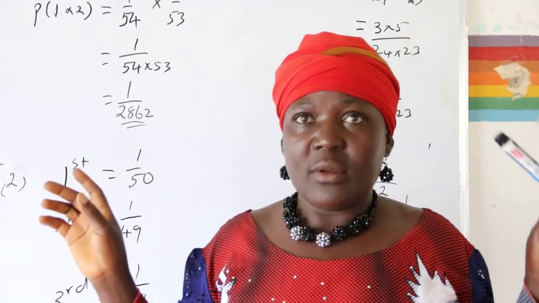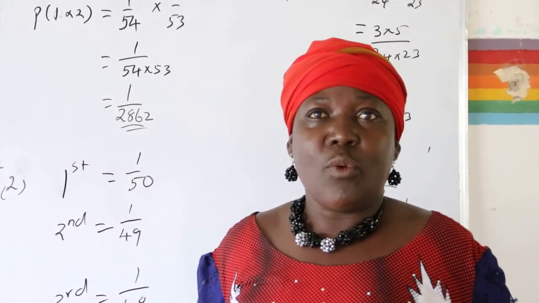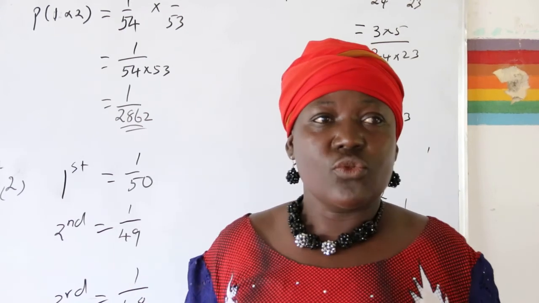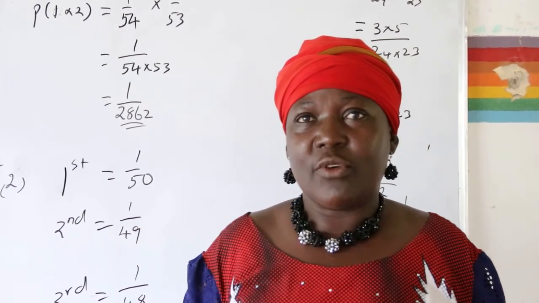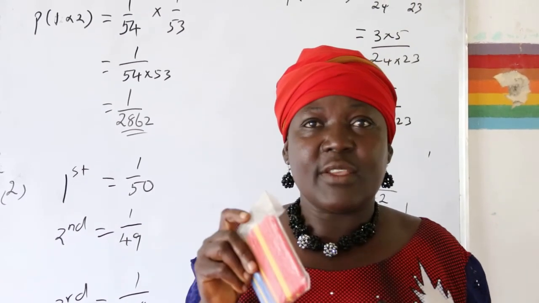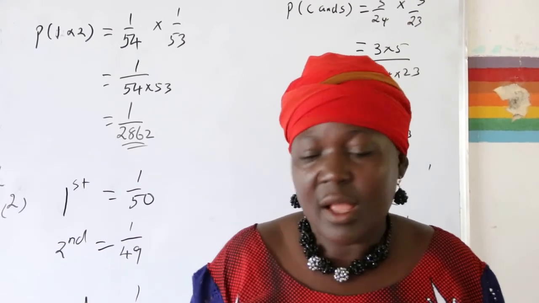The same thing applies to any other event. Whether in the class, they will pick a student in your class and ask you to calculate the probability of your class, and so on. That is why it is very important to learn this topic, because we use it in our day-to-day activities.